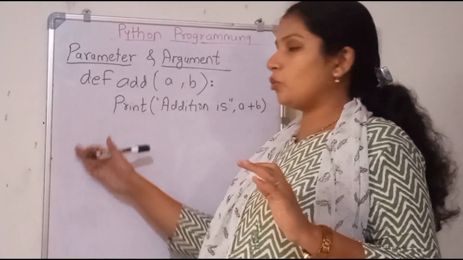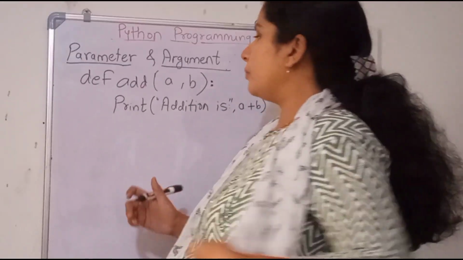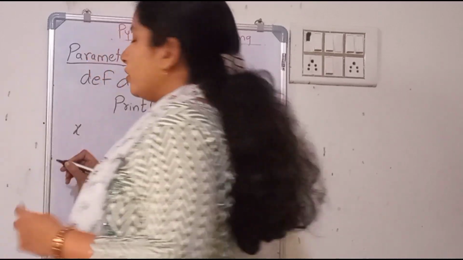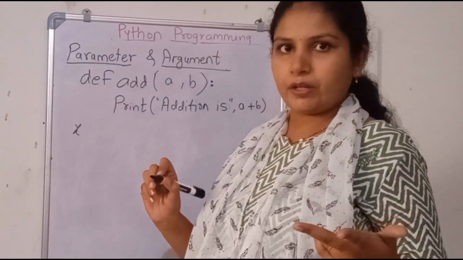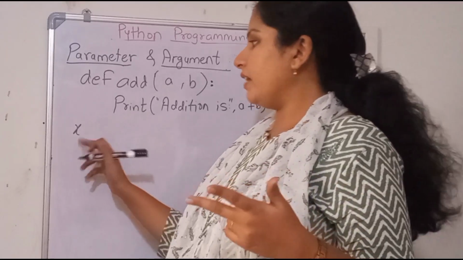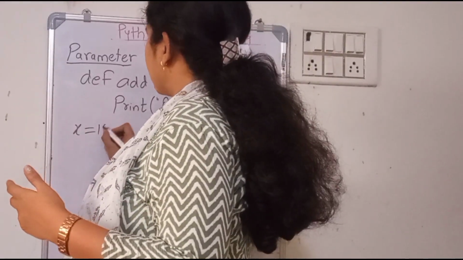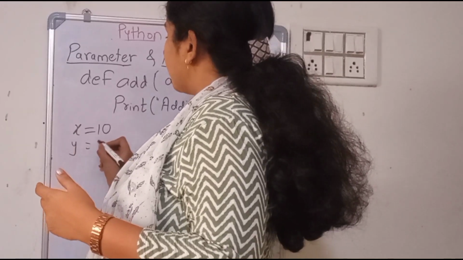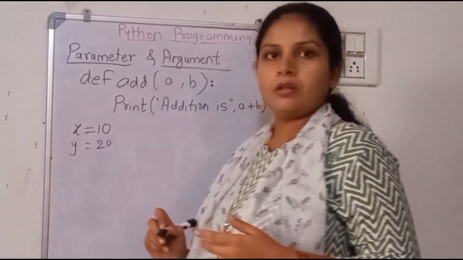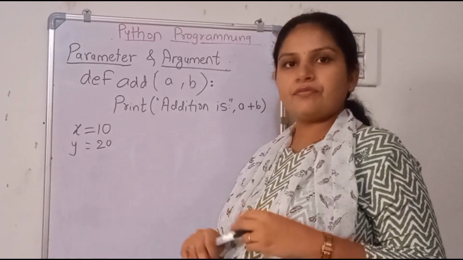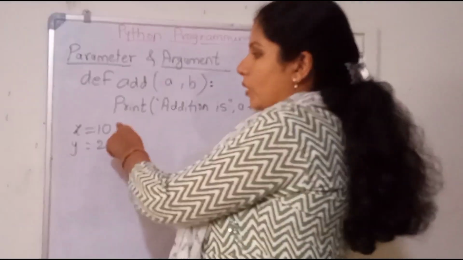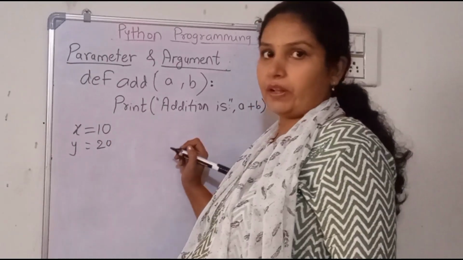Now in the main program, I am taking two different variables for the values. x is equal to, suppose, 10, and y is equal to 20. Then I am calling the add function to add these two values.